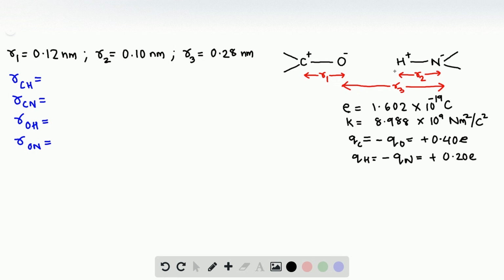So we can basically say that the force between C and O and the force between H and N is 0.